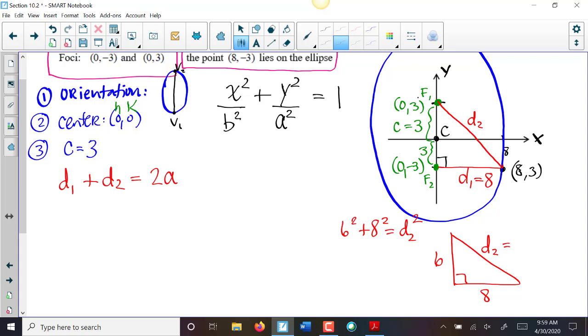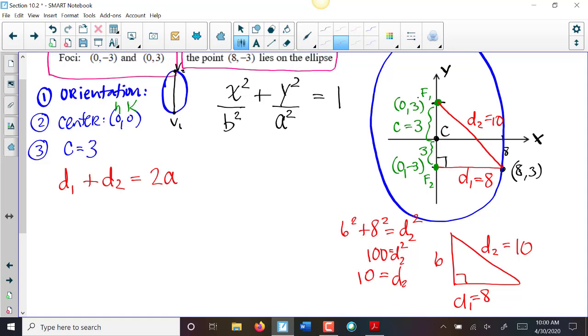So 36 plus 64 is 100, and I know then that D2 is the square root of 100, or 10. Basically, if I have a 3, 4, 5 triangle and we double all of them, it gives me 6, 8, 10.